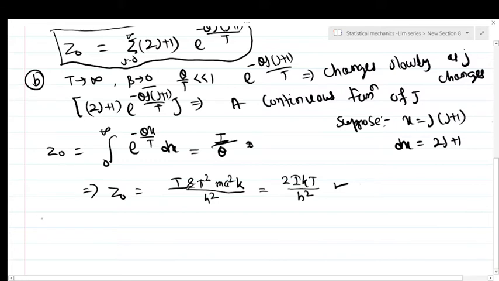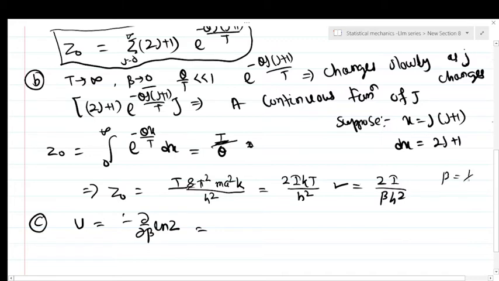And then question C is that we have to find the internal energy, the mean energy. The mean energy is equal to minus del by del beta of ln Z. If you write it in terms of beta, then Z is proportional to 1 by beta, as beta is equal to 1 by kT.